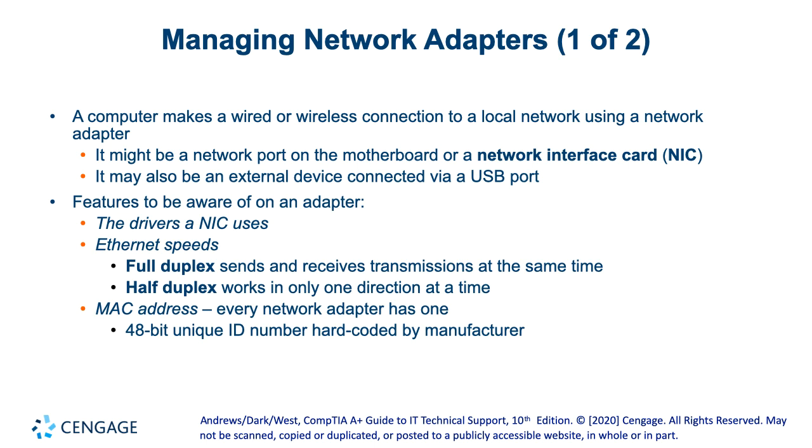Every NIC has a 48-bit identifier called a MAC address, and this is unique for that card, and it even tells you who manufactured the card. The first 24 bits, binary digits, tell you the manufacturer, and the last 24 binary bits identify the exact card. Switches use the MAC address of devices to direct data traffic.